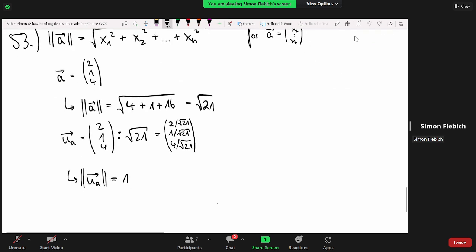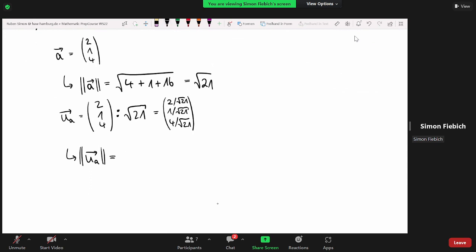Okay, so let's check on the magnitude of this. What's the magnitude of this vector? Suppose we would have the same thing as before. And what would be the outcome of this? 1.